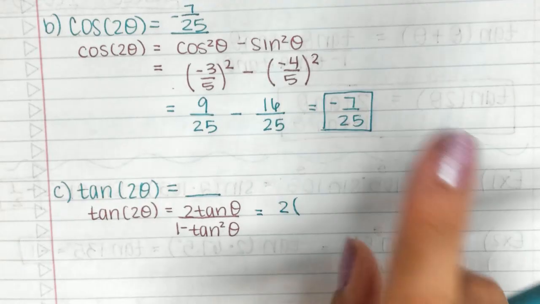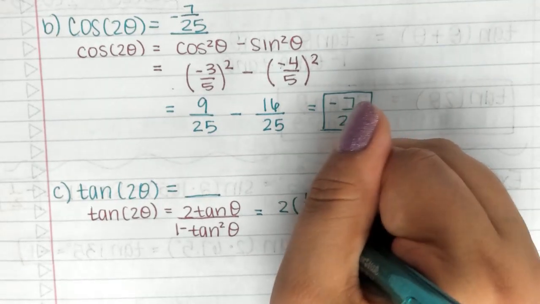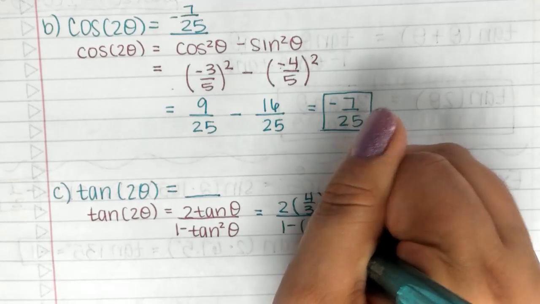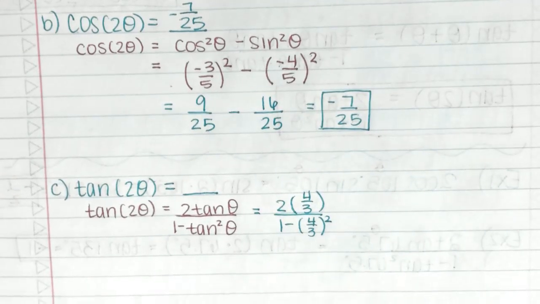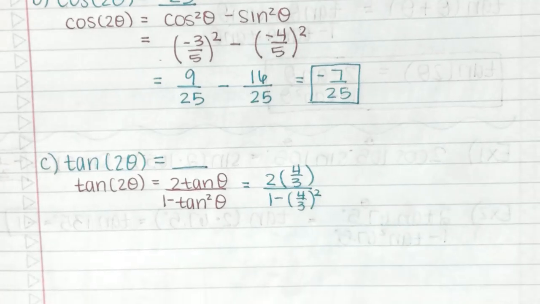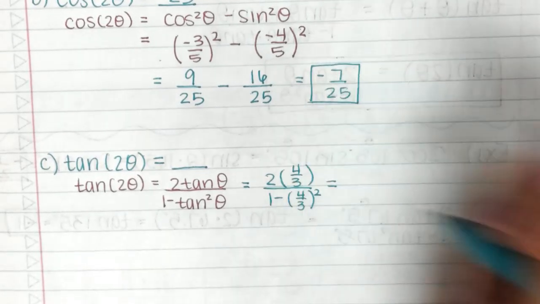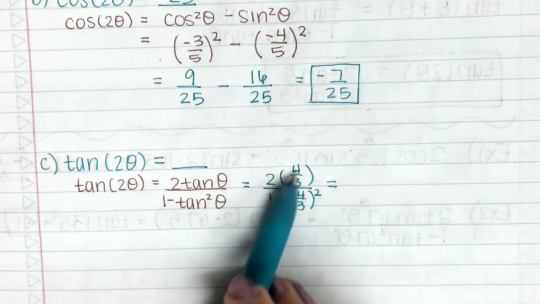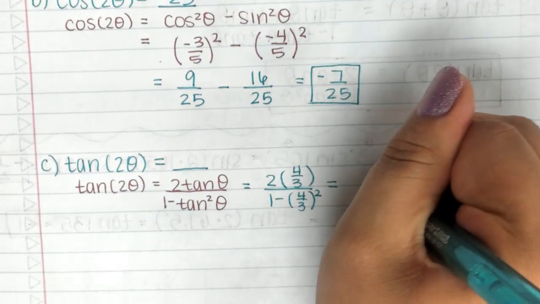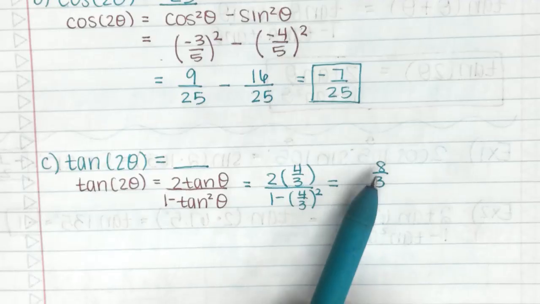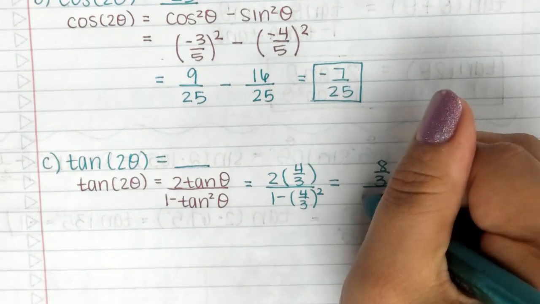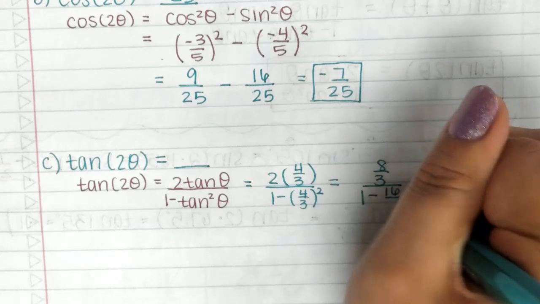My tangent of theta up top was 4/3. And remember that 2 is like 2 over 1. So that's going to be 8/3. So it's not going to be 8/6. It's going to be 8/3 because it's like 2 over 1. Over 1 minus 16 over 9.